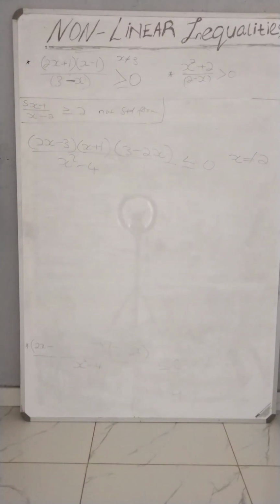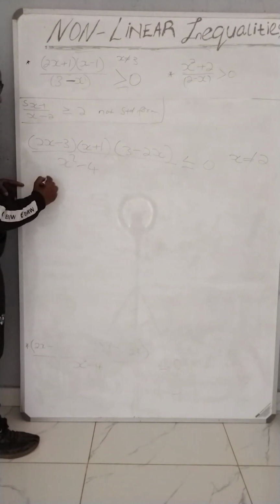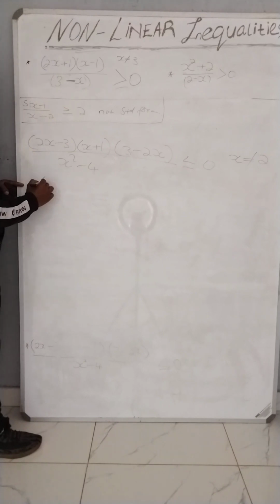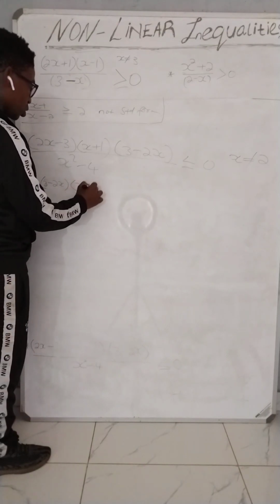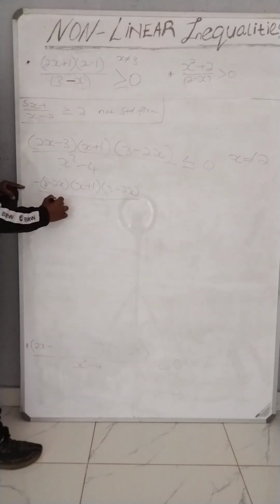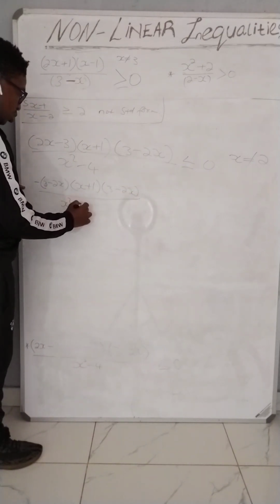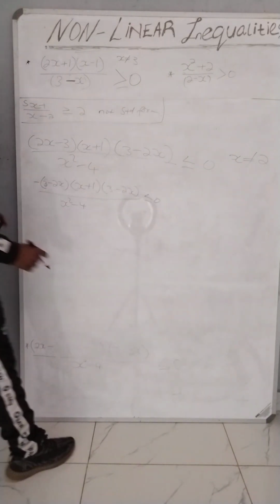In fact, if you factor minus 1 out, you'll have minus (3 minus 2x)(x plus 1)(3 minus 2x) all over x squared minus 4 is less or equal to 0.